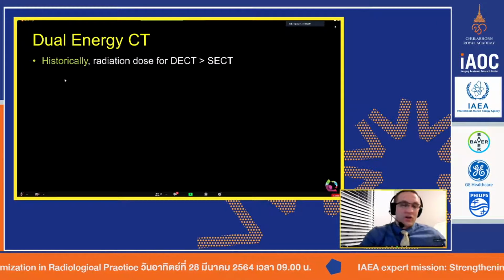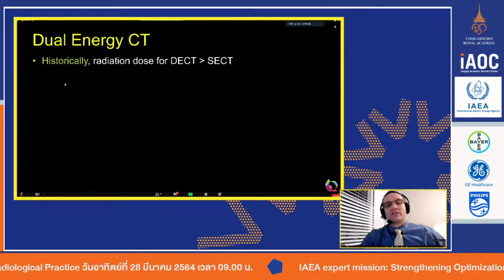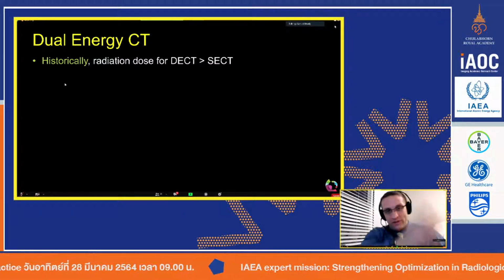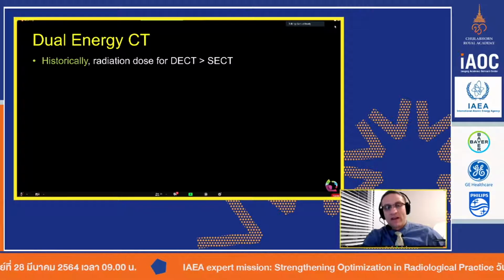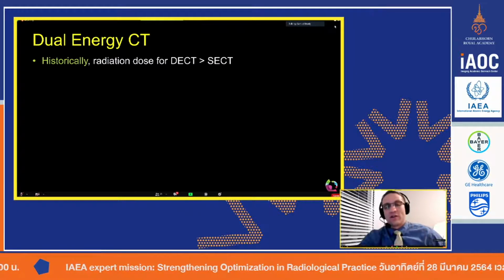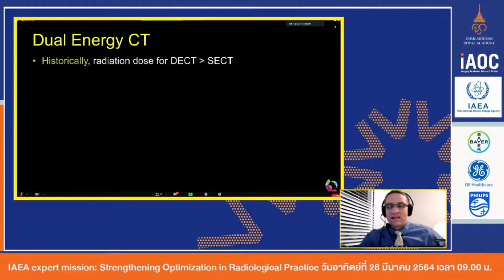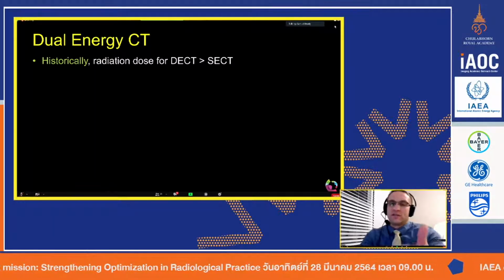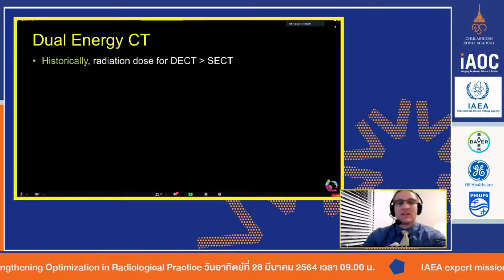So what kind of doses are we talking about in dual energy? Well, historically, a decade or a decade and a half ago when we started doing this, dual energy CT was much higher dose than single energy. And so it was immediately developed for adults, almost never used in kids.